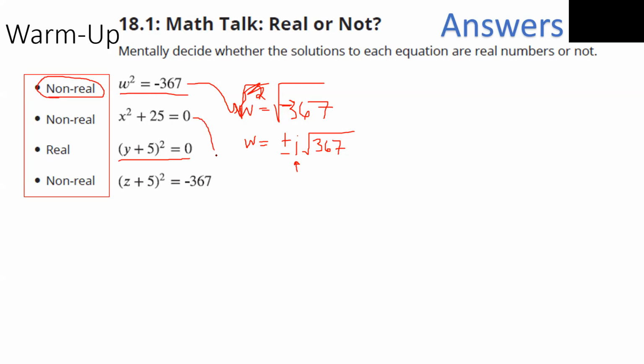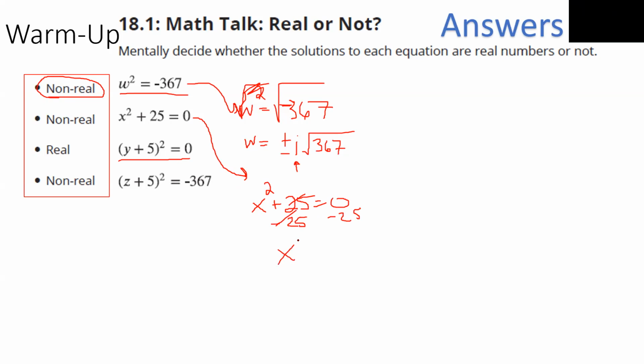Okay, the second example, we have to work this one out a little bit more than the first one. This one says x squared plus 25 is equal to 0. In order for us to be able to solve this, I need to isolate the x squared. So I'm going to add a negative 25 to both sides. These 25s subtract.